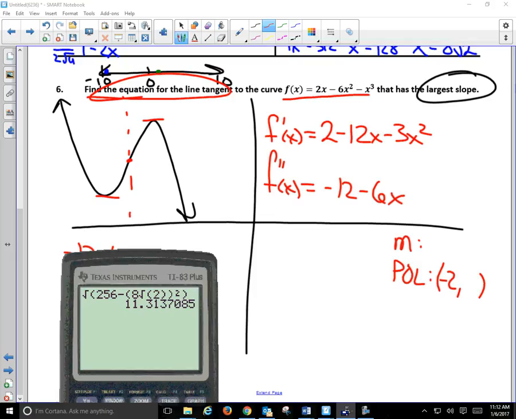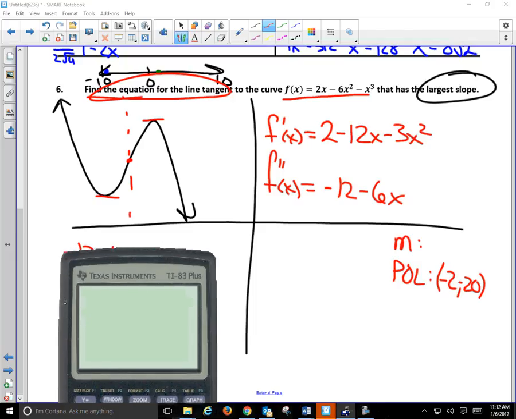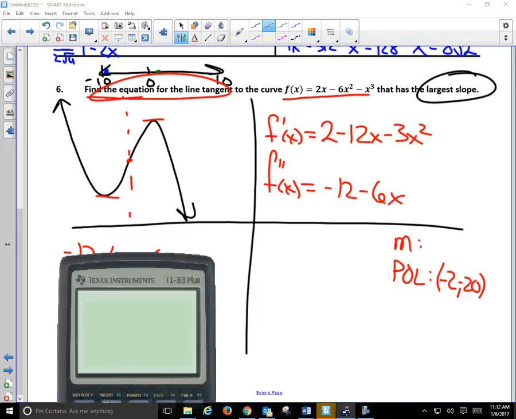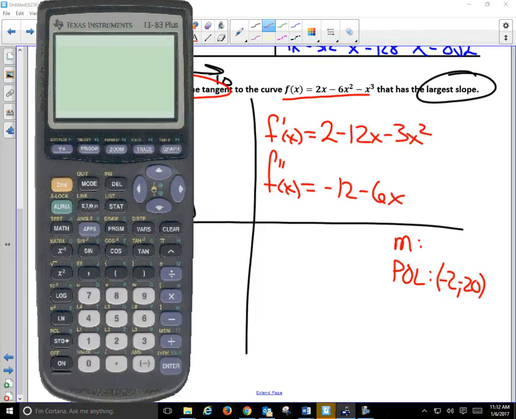You get -20? All right, so what's the last thing I need to find? Which one tells me slope? First derivative. Now, according to our drawing, what kind of value should we come up with when we plug it in? Should come up with a positive, hopefully, assuming that this graph looks like what we have.